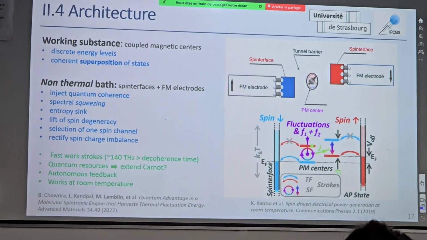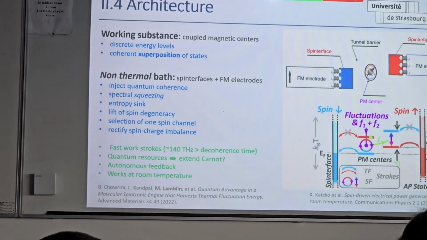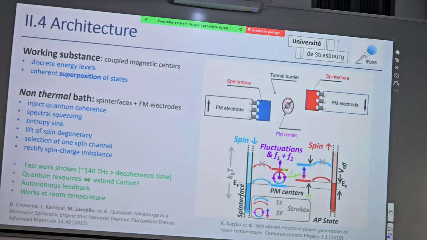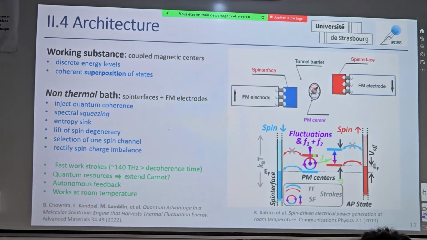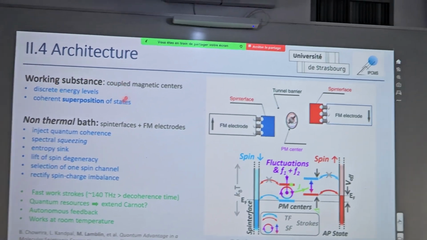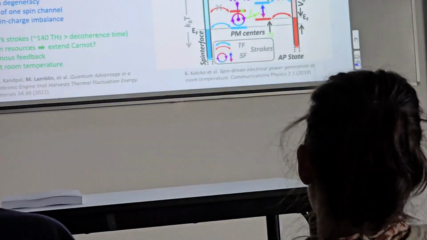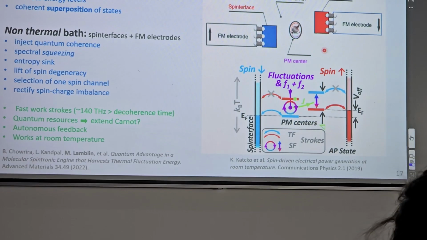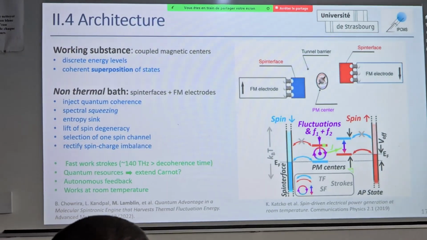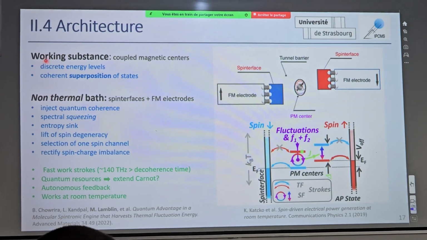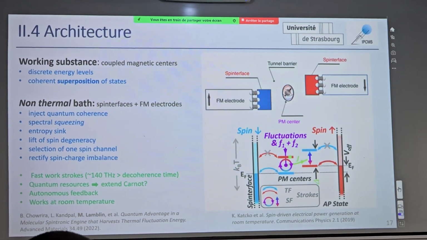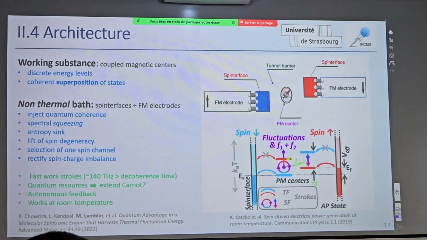So before I show you the results of my work, let me start by presenting the basic building blocks of this engine. It is based on three main ingredients. First, a working substance, which is made out of the spin chain, these coupled paramagnetic centers that are trapped inside the barrier. And this working substance benefits from discrete energy levels and can be in a coherent superposition of states.